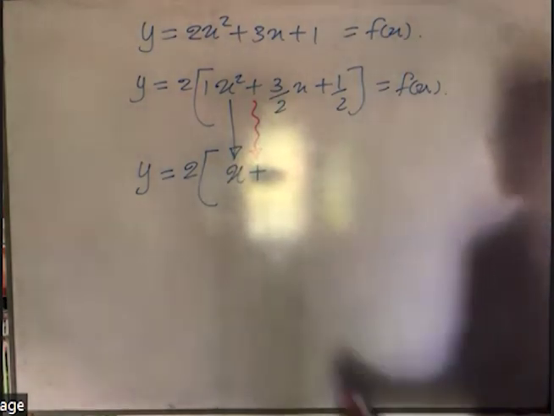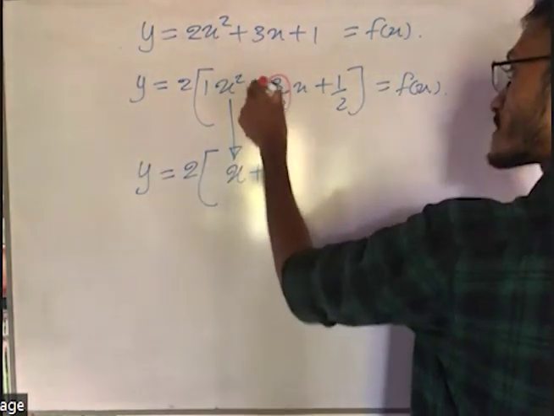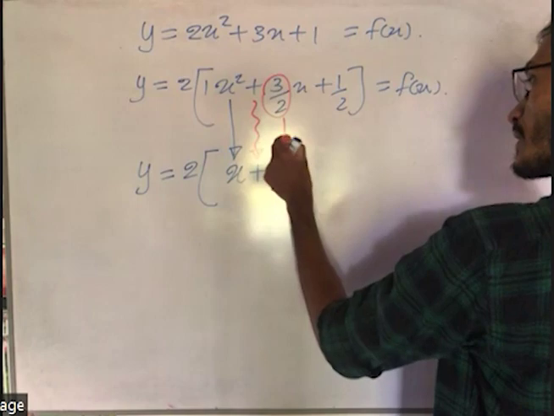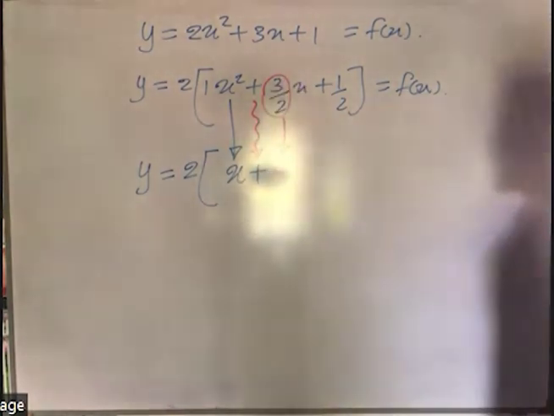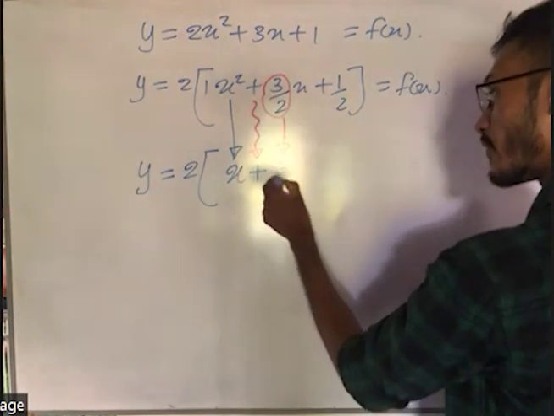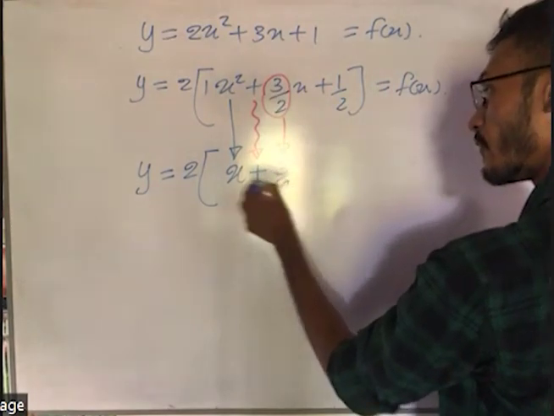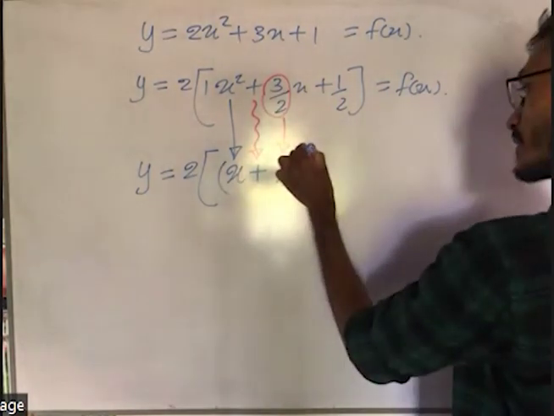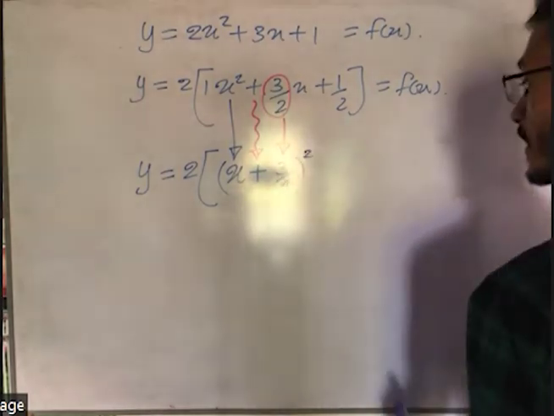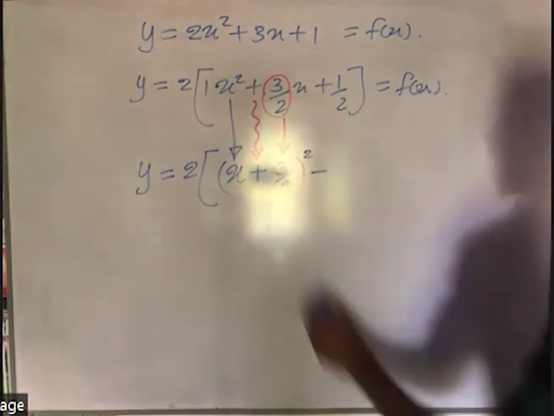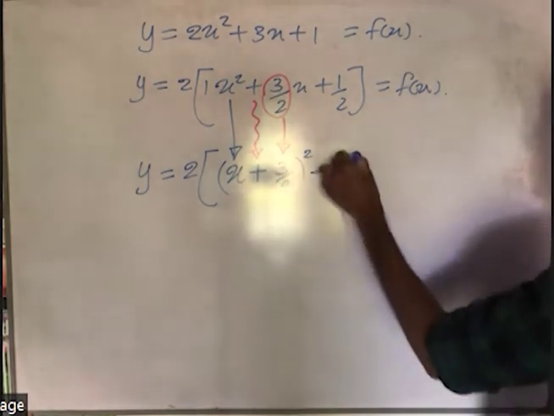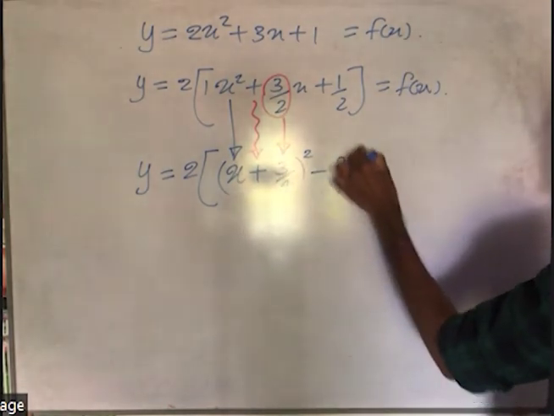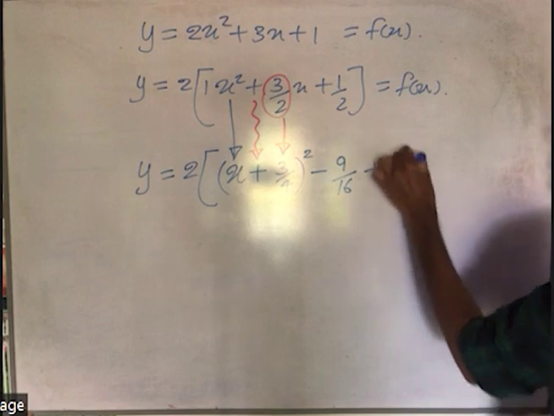Then divide the coefficient of this x term by 2. Then take it down here. If you divide the coefficient of this x term, it will be 3 over 4. Then take the square of the whole thing. Then minus square of this constant 3 over 4. That means 9 over 16 plus the remaining part, a half.